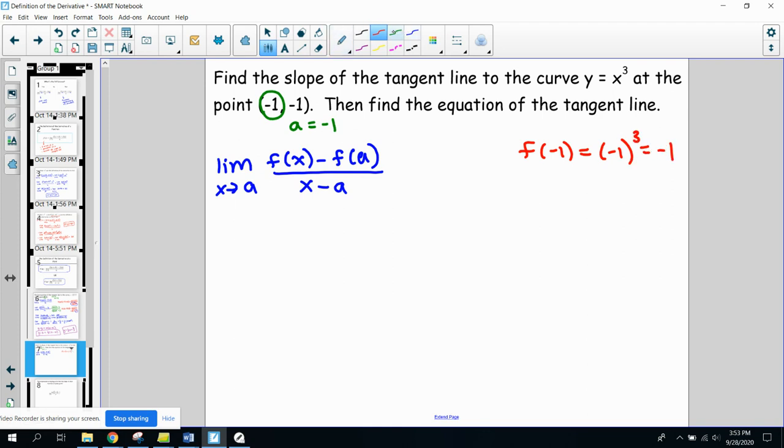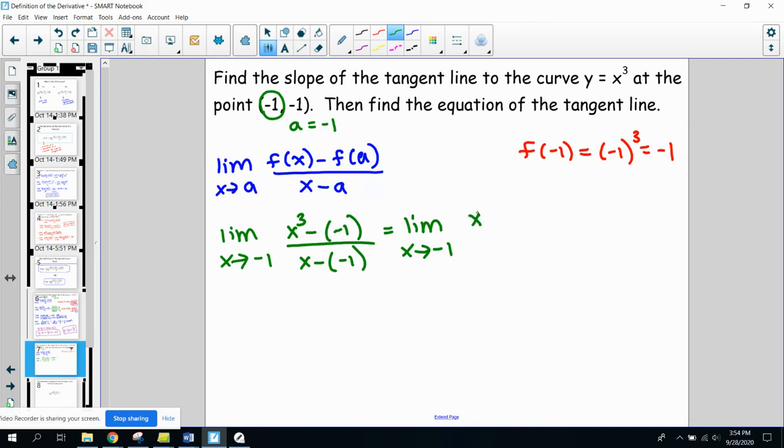So I have the limit as x approaches a, which is -1, of f of x, which is x cubed, minus f of a, which is -1, over x minus a, so x minus -1. So this is going to give us the limit as x approaches -1 of x cubed plus 1 over x plus 1.